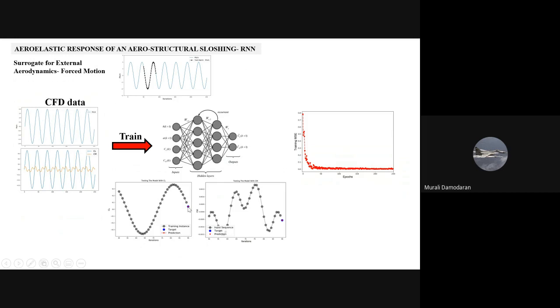Okay, this has to be predicted by the RNN. So the blue is the target and the red is the prediction. So you can see this is the CL and CM for a given pitch and plunge. And this is the training mean square error. There's no physics in this network, just pure data training.